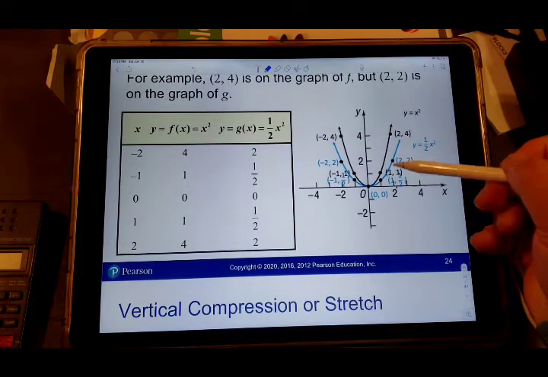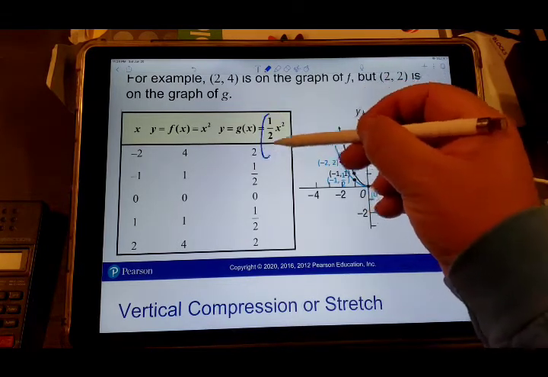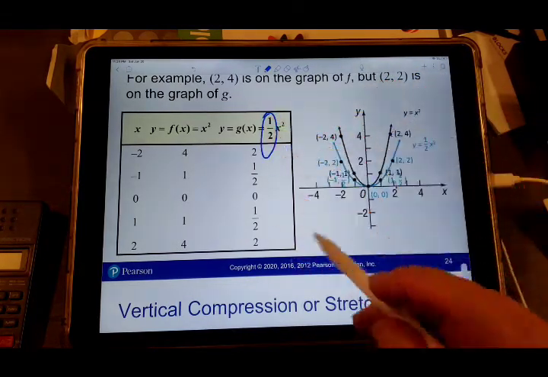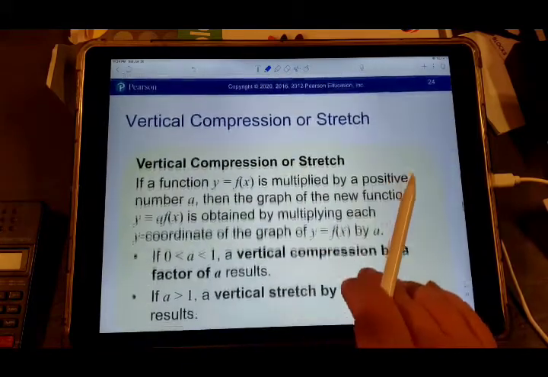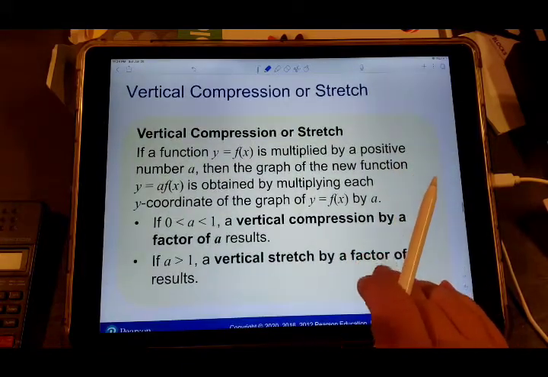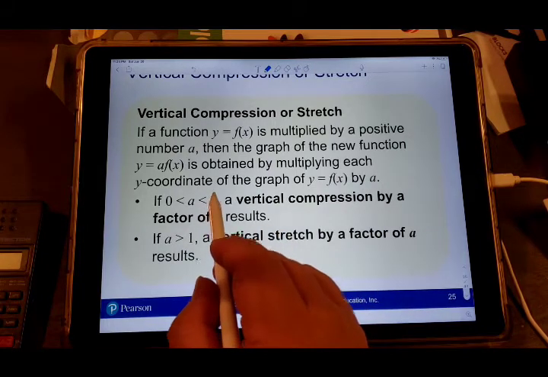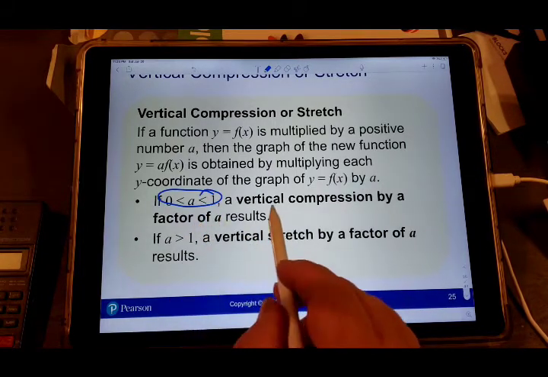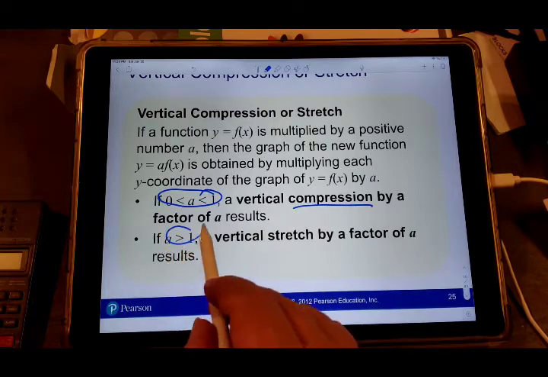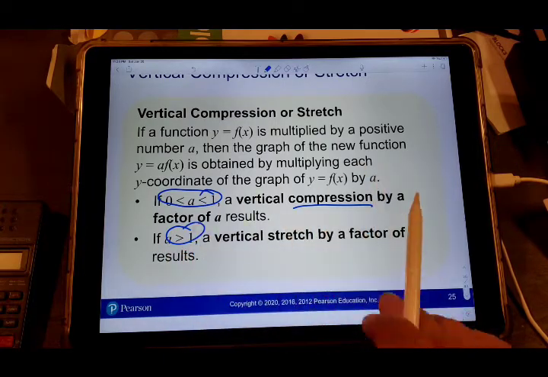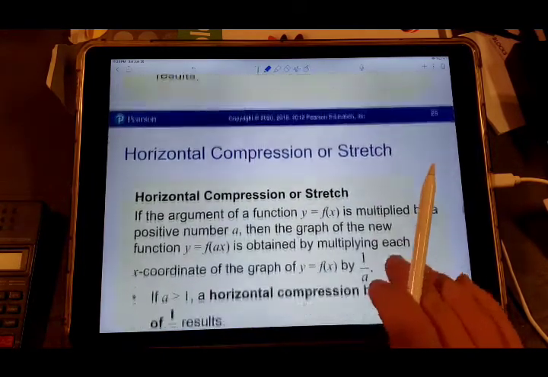But notice at 2, it was at 4, now it's half the height. So when you want to compress something by half, you put a half there. It basically has to do with how much you're multiplying by. If you're multiplying by a fraction, it's a compression. If you're multiplying by a number greater than 1, it's a stretch.